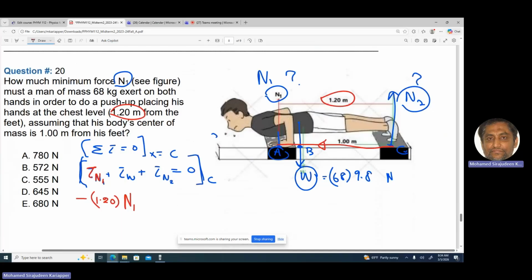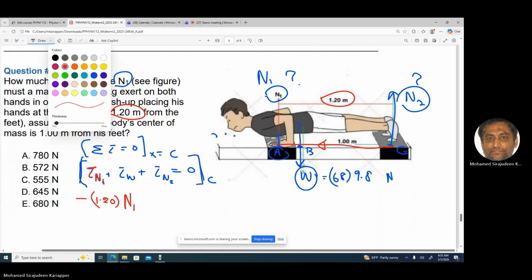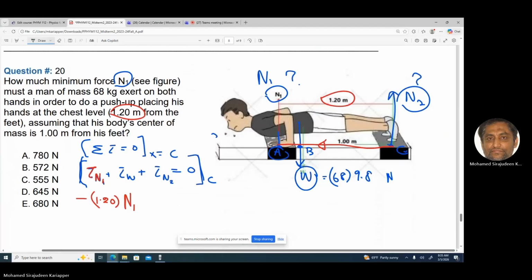Right. Now we go to the next one. First we get the magnitude. So this is where the force is applied, and this is the point. So R2 will be this green line.